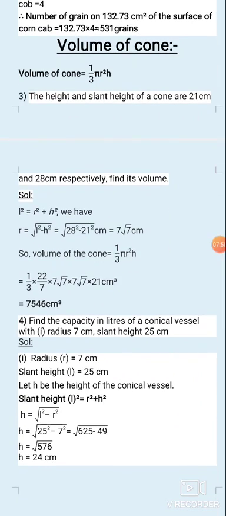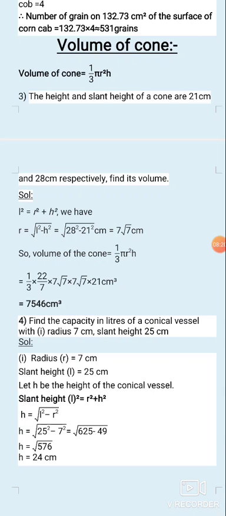Now the next question. Find the capacity in liters of the conical vessel with a radius 7 centimeter and slant height 25 centimeter. So the capacity is same as what? Volume. But the unit of capacity is in liters or in kiloliters. Now the radius is equal to 7 centimeter. Slant height 25 centimeter.